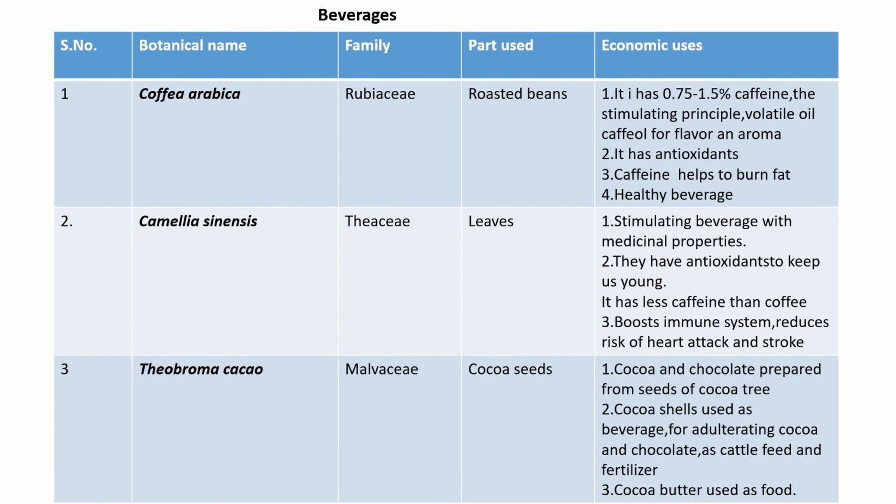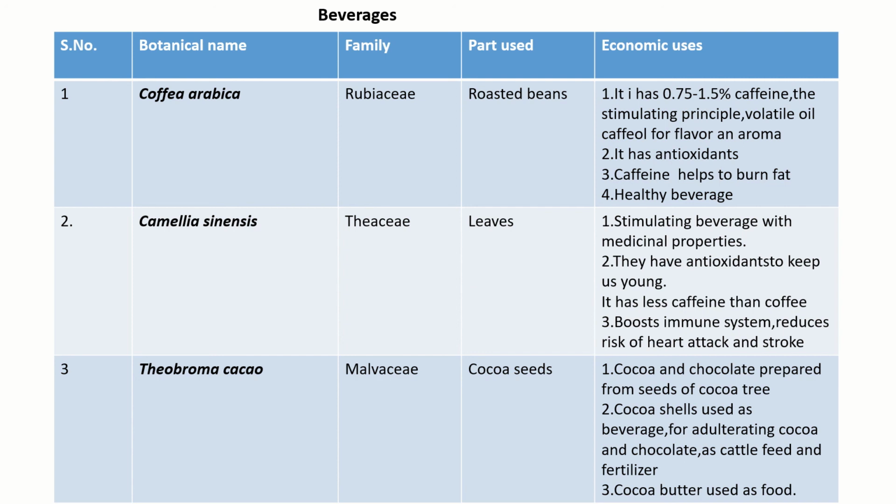Then we come to beverages. Beverages are what we drink. Fine. Coffee, tea, all these are very famous beverages. Coming to coffee or Coffea arabica, it belongs to the Rubiaceae family. The beans are used, roasted coffee beans. It has 0.75 to 1.5% caffeine in it.